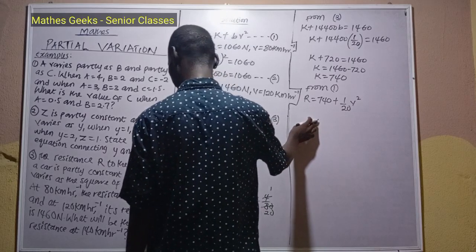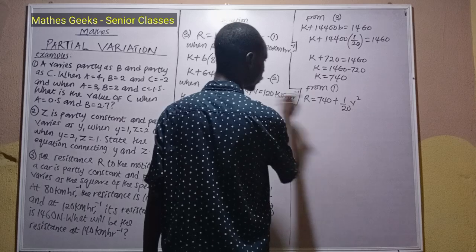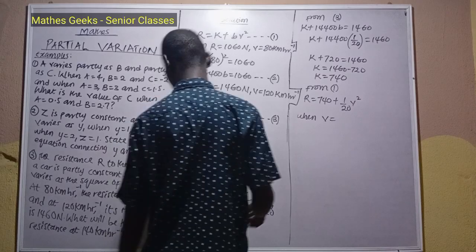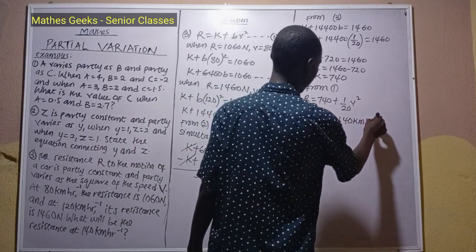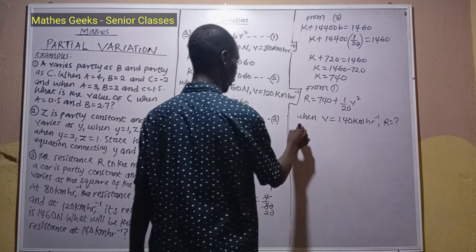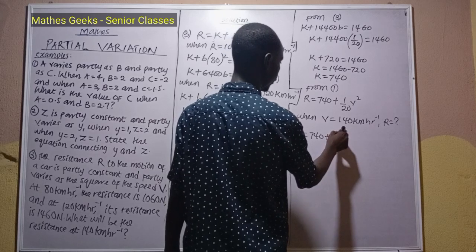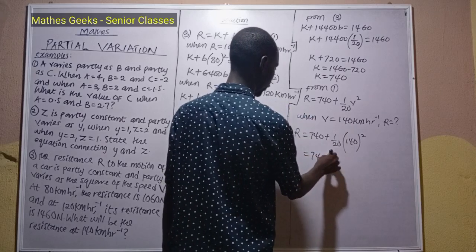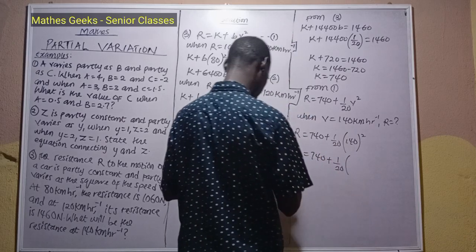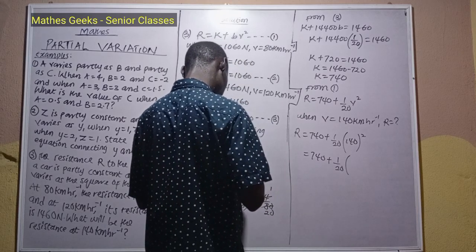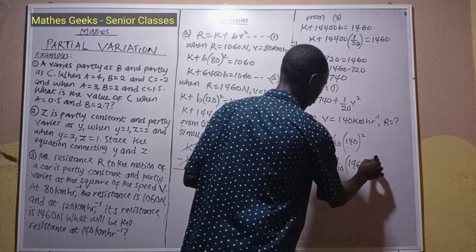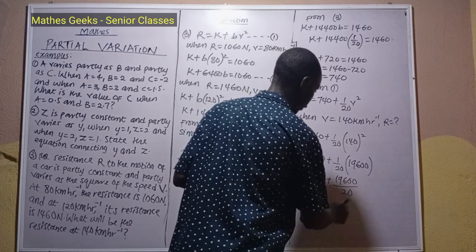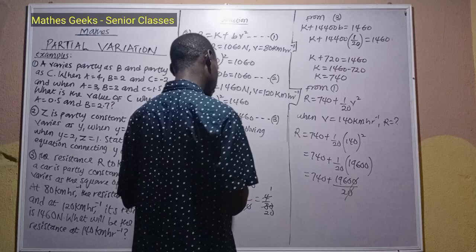So when the speed V is 140 kilometers per hour, R is equal to 740 plus 1 over 20 times 140 squared. 740 plus 1 over 20 times 19,600. 740 plus 19,600 over 20, the zero cancels zero, so 1,960 divided by 2.